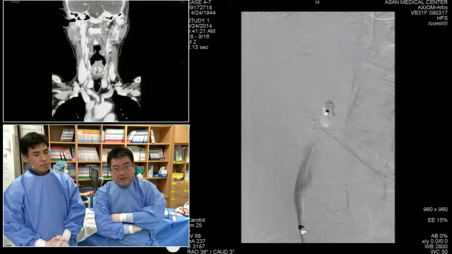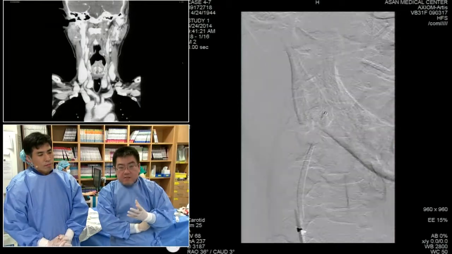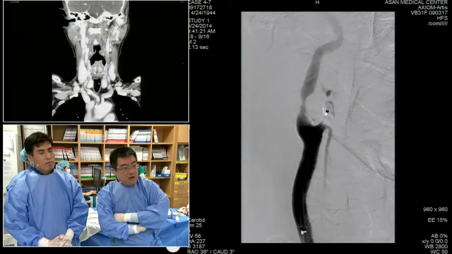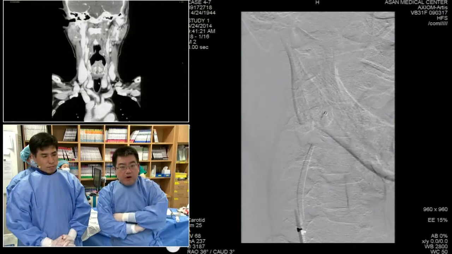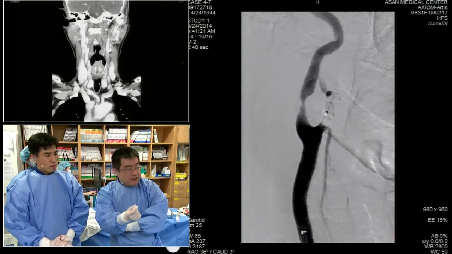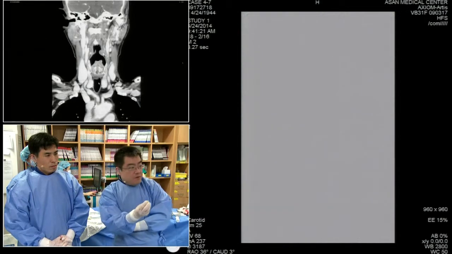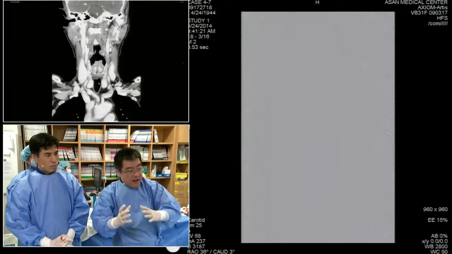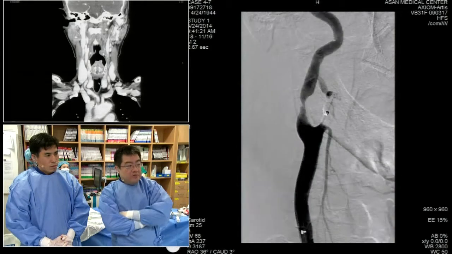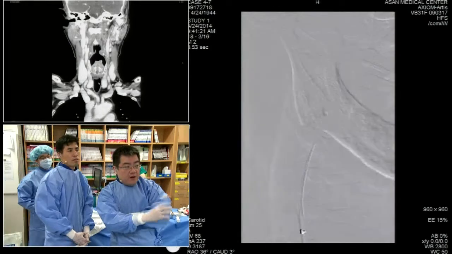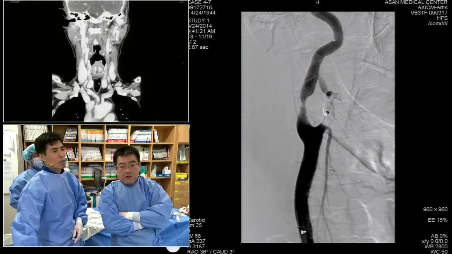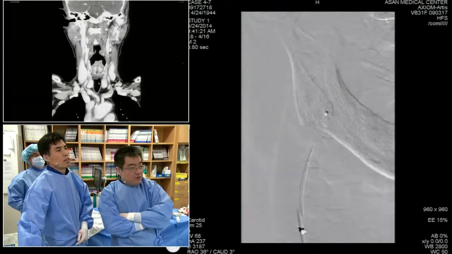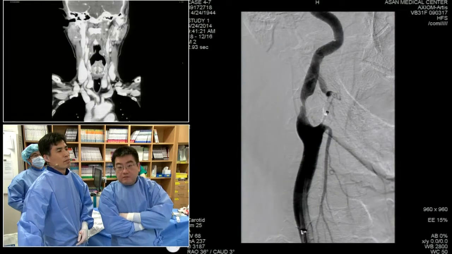But like I had explained earlier, I cannot move the system back without losing my position, because you can see the branch is so proximal. If I pull back the system, once the ECA balloon is inflated, actually we have tried this, the balloon will squeeze itself out and backward into the bifurcation area and obscure part of the internal ostium. So we have to start in this position.